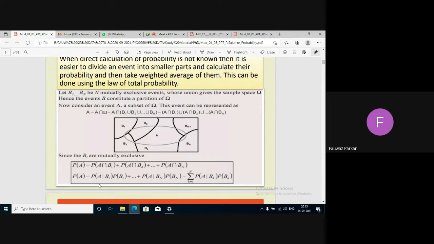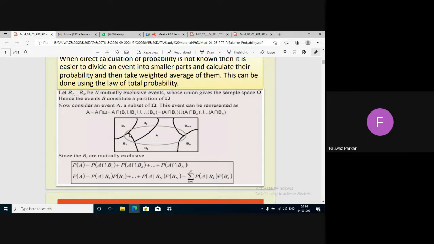So we can write this using conditional probability, because we know the formula for this intersection in terms of conditional probability: probability of A given B1 has occurred, times probability of B1. Likewise we add them all, so k goes from 1 to n, probability of A given Bk times probability of Bk. A is not changing, so it remains the same.